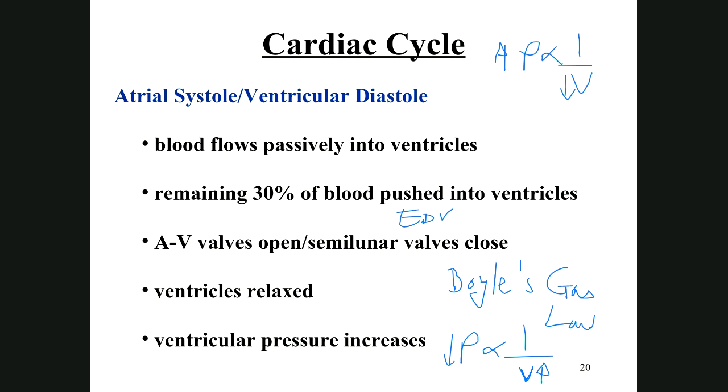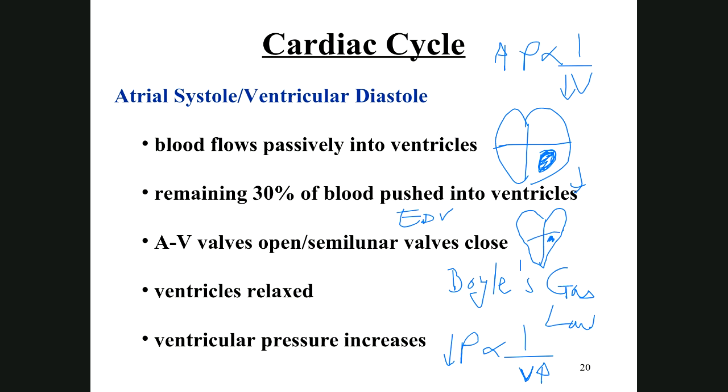Now, when the ventricle relaxed, what happens is that the ventricle starts to contract. So let's say here's the ventricle. When the ventricle contracts, this is the volume I'm talking about: the ventricular space here during relaxation, and this is the ventricular space during ventricular contraction.